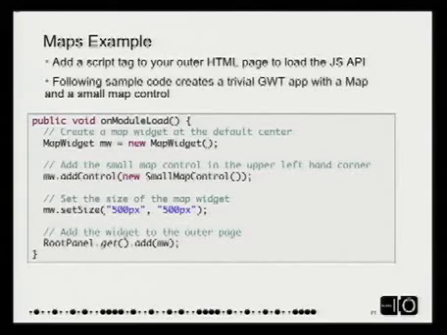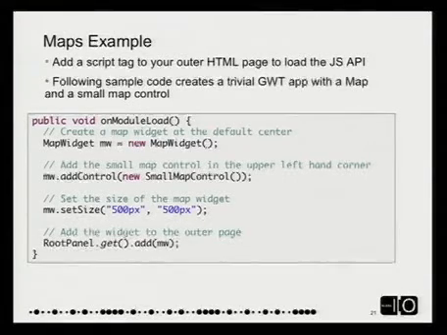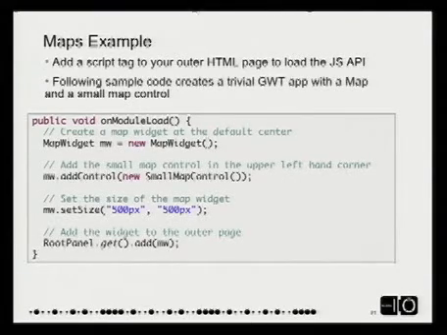If you create it and you don't set the center, we pick a default center for you, but it's good to go. You can add a small map control to the map widget itself, set the size of the map widget, and then add it to your root panel. If you were to actually look at this application, it would be a GWT application, and in the center you would see a map control, and you could click it and drag it around and zoom in, zoom out, all that type of stuff.